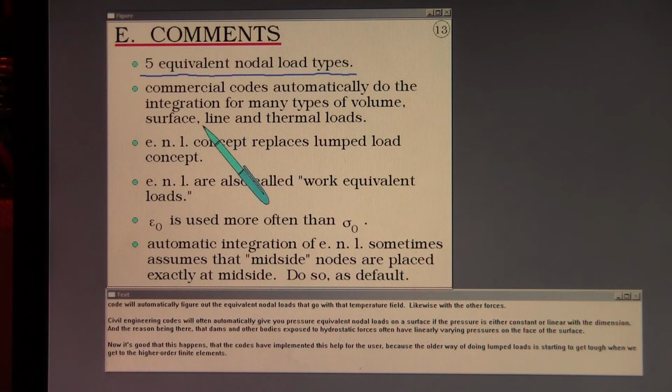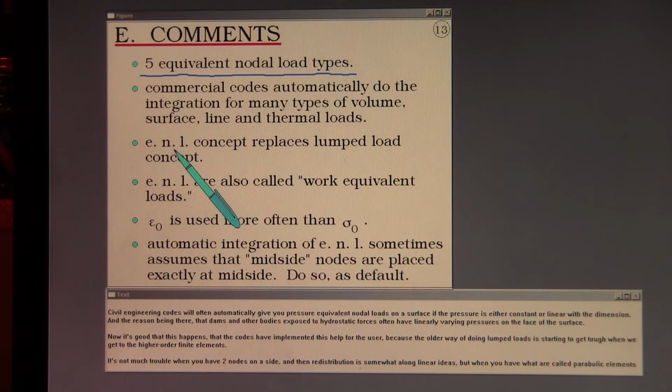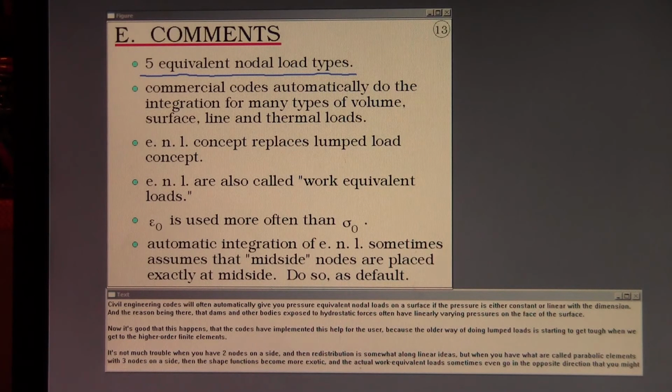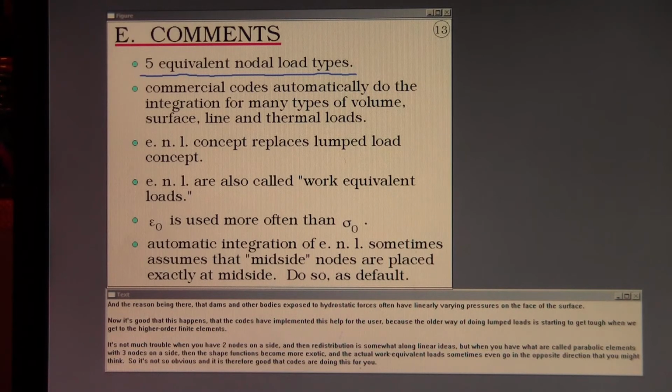Likewise with the other forces. Civil engineering codes will often automatically give you pressure equivalent nodal loads on a surface if the pressure is either constant or linear with the dimension. And the reason being there that dams and other bodies exposed to hydrostatic forces often have linearly varying pressures on the face of a surface.